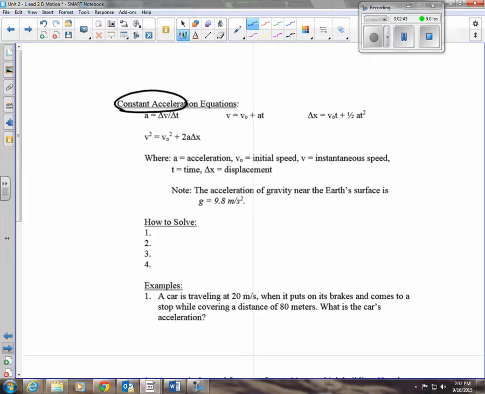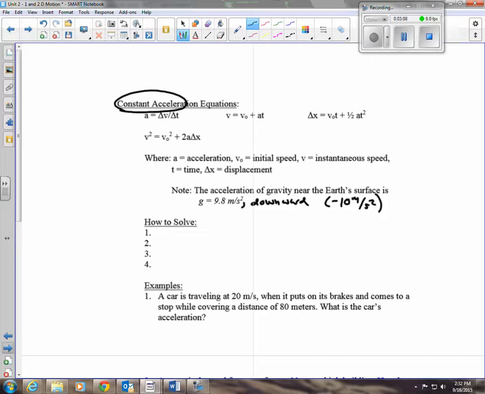The acceleration of gravity near the Earth's surface is g equals 9.8 meters per second squared downward. In class, we're almost always going to use 10 meters per second squared, downward, because that makes the math a little bit easier. But remember, it's really 9.8. If we're going to work in a lab, we want to be really precise.